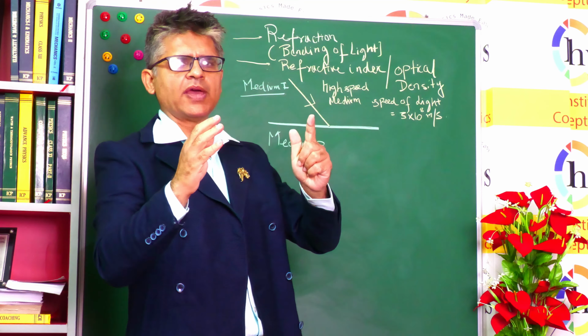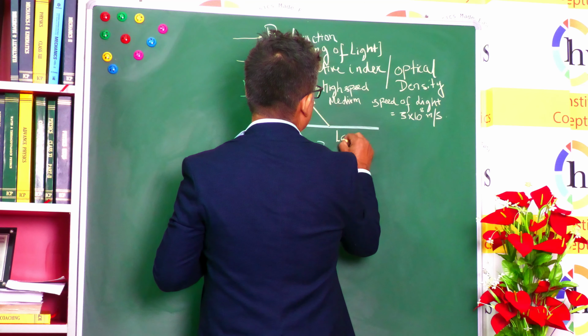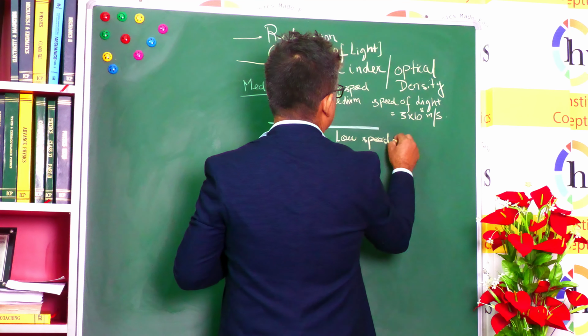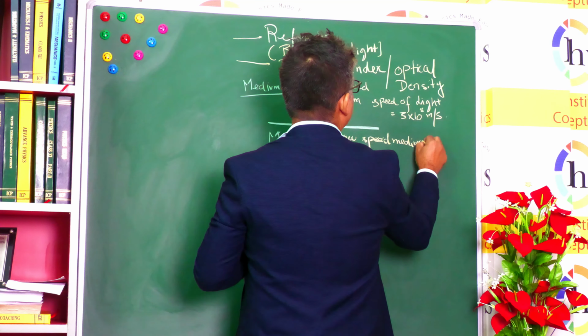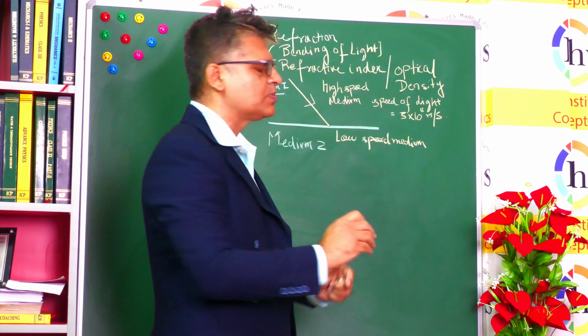Now it is entering a medium which is a low speed medium. When we say it's a low speed medium, the optical density is more. So when I use the word optical density, I will concentrate on speed.